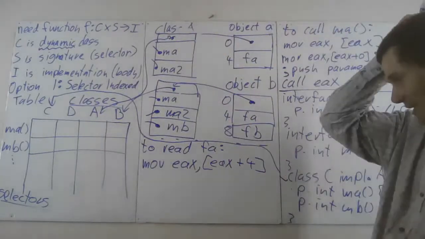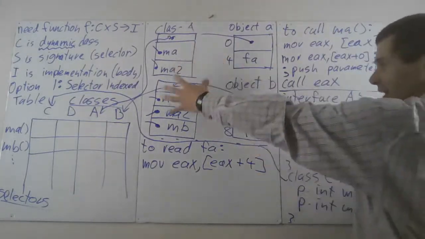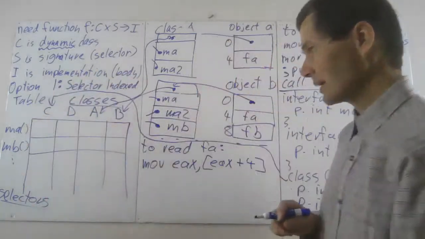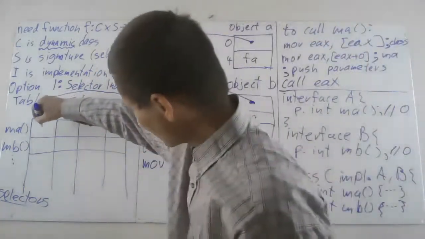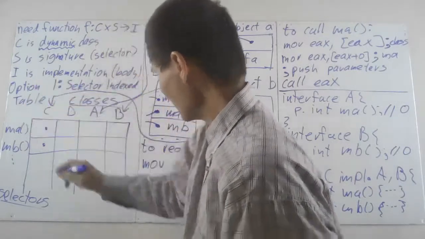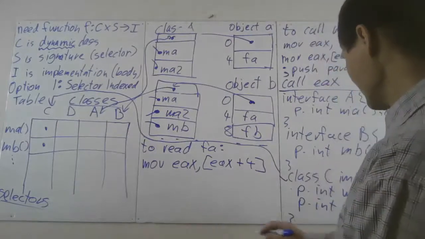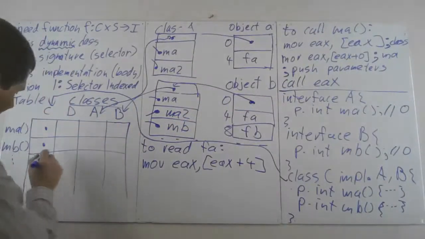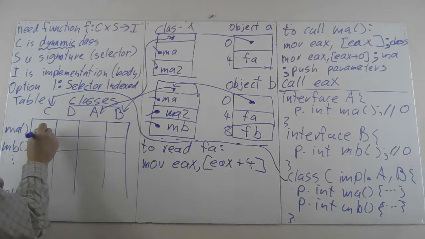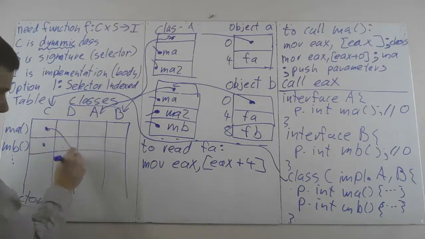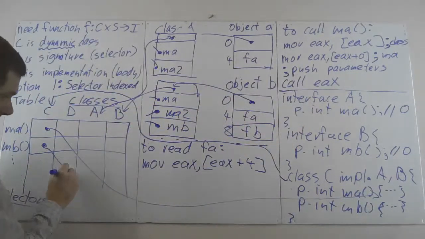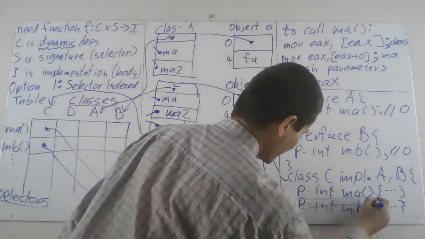So in the class information for class C, I'm going to have a pointer to the column here, and of course these cells in the table are going to have pointers to the implementations of methods MA and MB. This points to that implementation, and this points to that implementation.